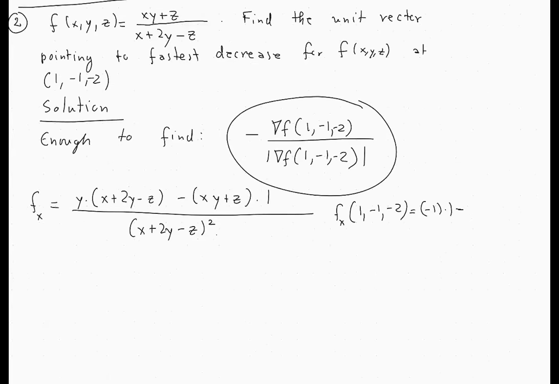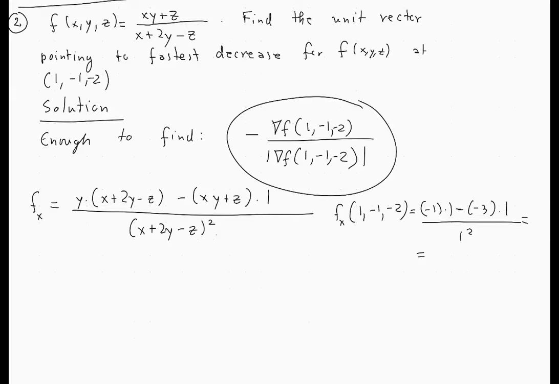So -1 times -1 minus -2 will be -3 times 1 divided by 1 squared. So this is going to give you -1 plus 3 is 2. Okay, 2 more to go.